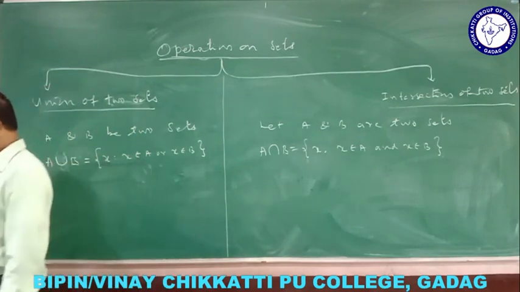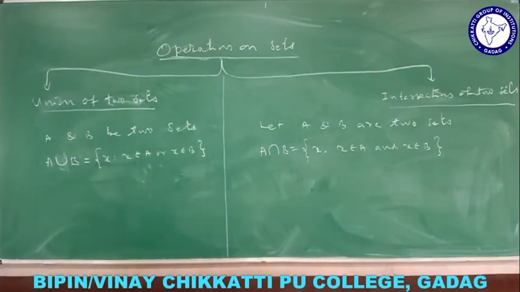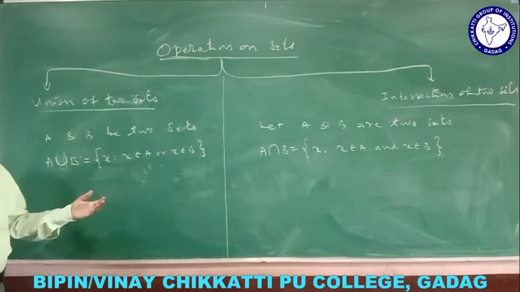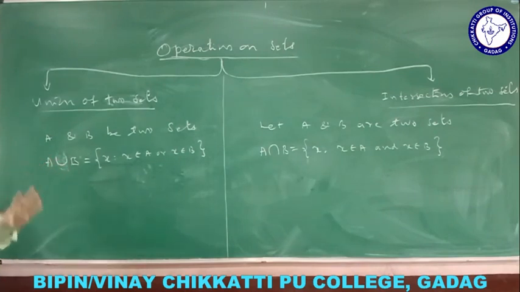So here the definition we take is that A and B are two sets, and the union of the two sets A and B consists of all those elements of A and B, with common elements being taken once.